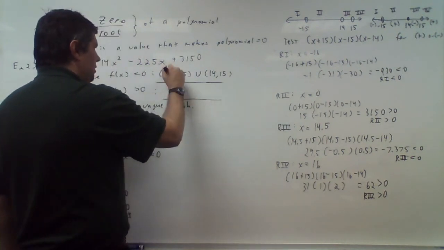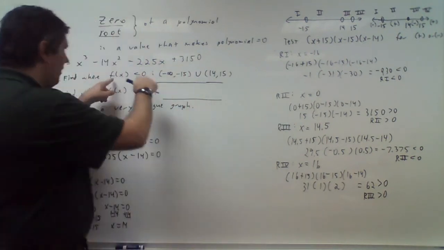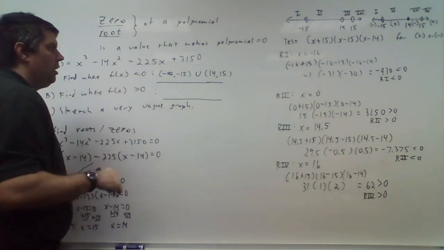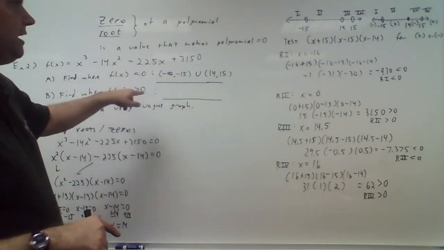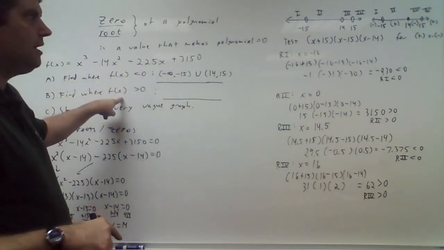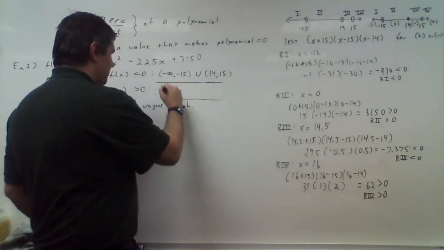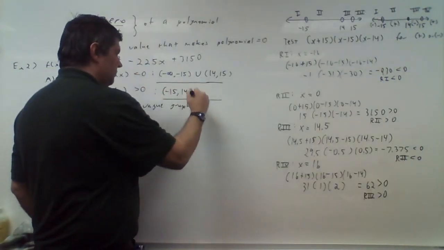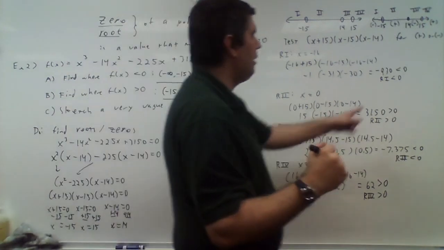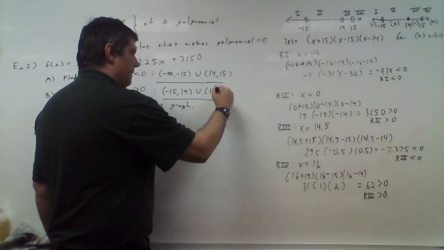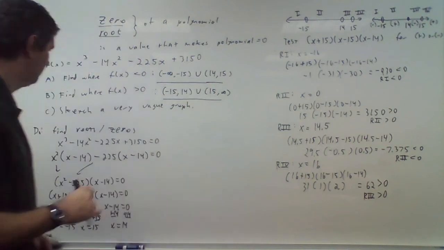Okay? So that is where the function is less than 0. That's where the function is negative. Over here, it's going to be positive, because that's positive. That happens between negative 15 and 14. And from 15 onwards, so 15 to infinity. Okay.